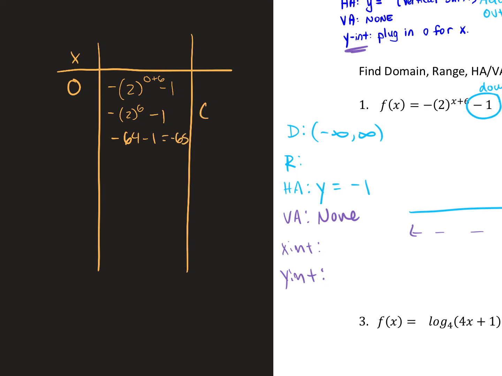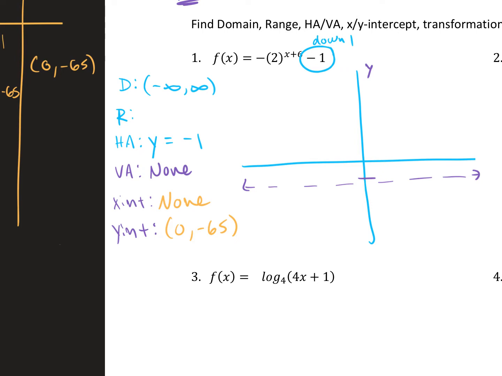So my point here for my y-intercept is (0, -65). And we don't have an x-intercept since we have a y. So that point, I would stay on 0 and go down 65, so it's way, way off our graph. Let's say this is 10, 20, 30, 40, 50. I'll put it down here.